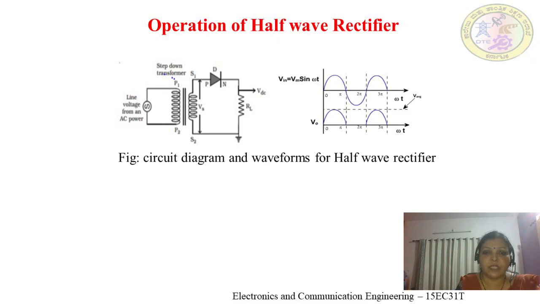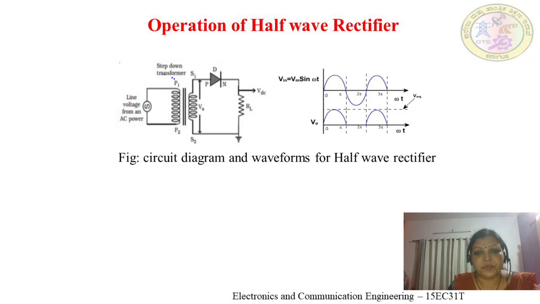Hope you followed this. Okay, now the AC input changes its polarity when it reaches pi, and it reverses its direction from pi to 2 pi. That pi to 2 pi we call the negative half cycle.